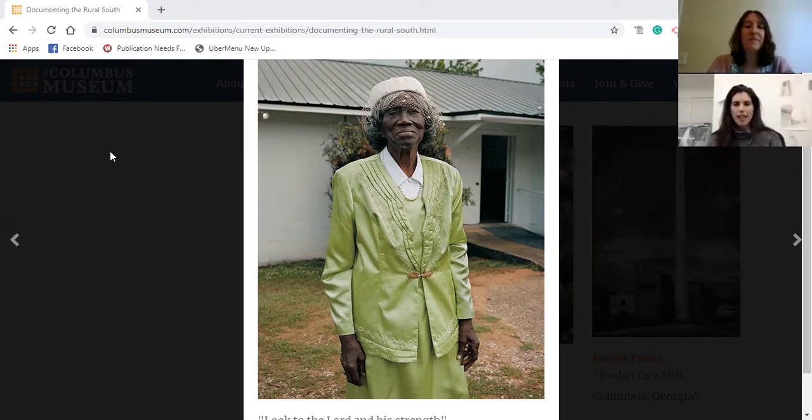Sure. Yeah. This is a woman who I observed a few times. This was in a church, probably about 20 minutes outside of Greensboro. And I had gone there a few times, and this woman never spoke.